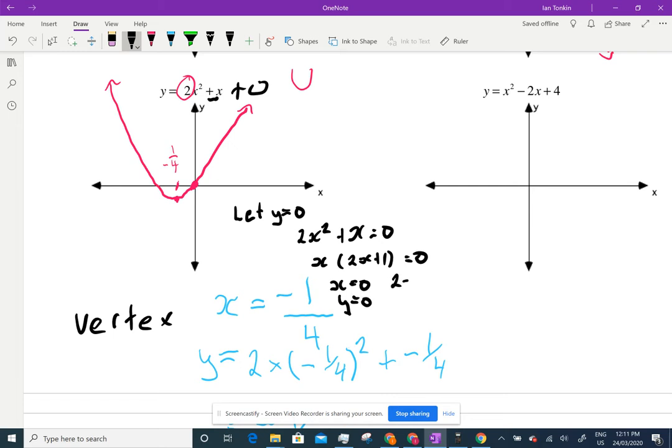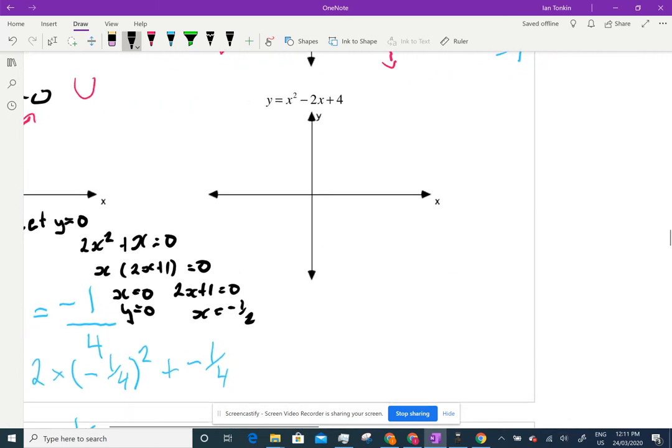Or we get 2x plus 1 equals 0, which means x equals negative a half. And when I sub negative a half in, I should get 0 if I put it back into that equation. So that spot is negative a half. That spot is 0. And this, and I should label it, is negative a quarter and negative an eighth, the vertex.